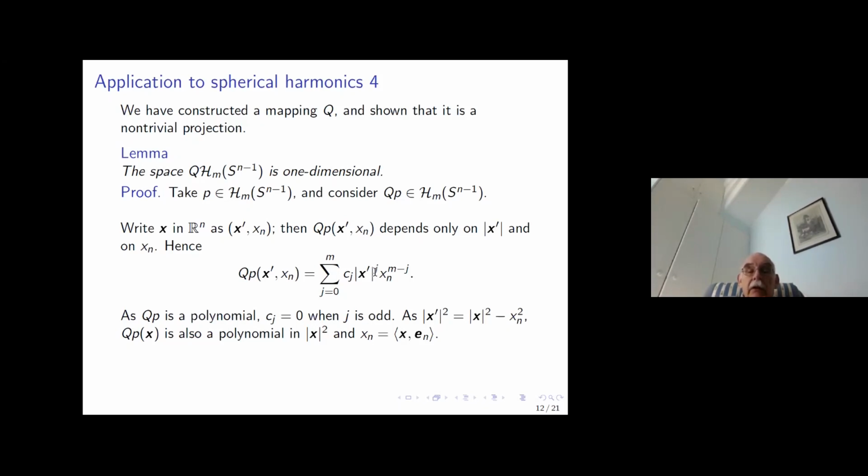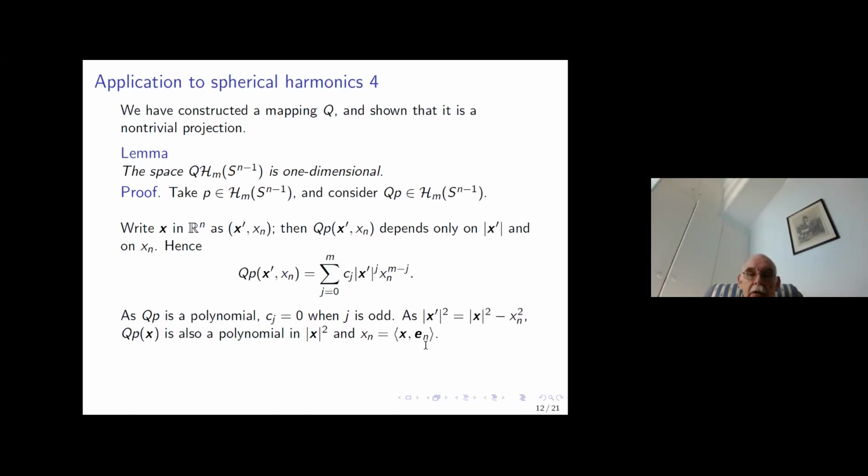Now here I've only got even powers, and so if I replace this by this, and then expand out if I want to, I end up getting that QP of x is a polynomial in the length of x squared and in xn. And xn is just the inner product of x and en.